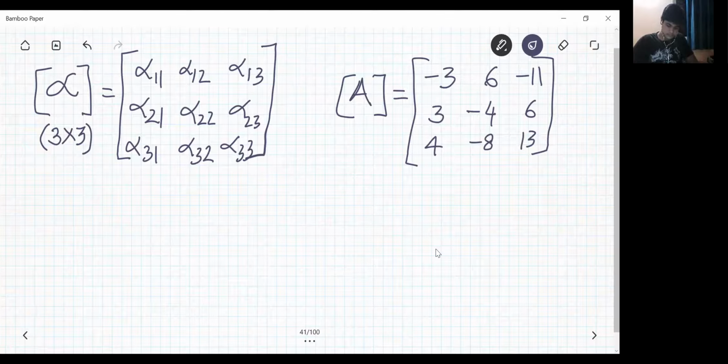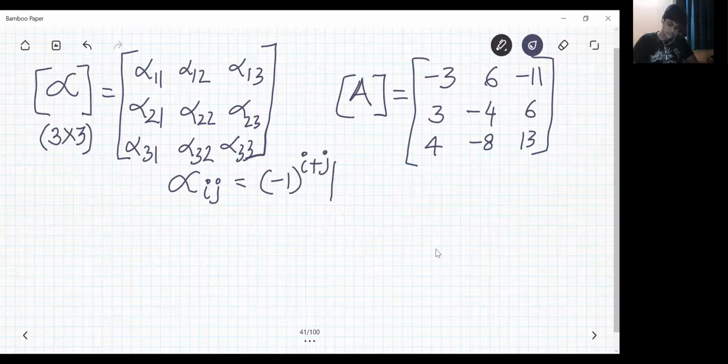Now, we will use a formula: alpha ij is equal to minus 1 to the power of i plus j, multiplied by the determinant of Mij.